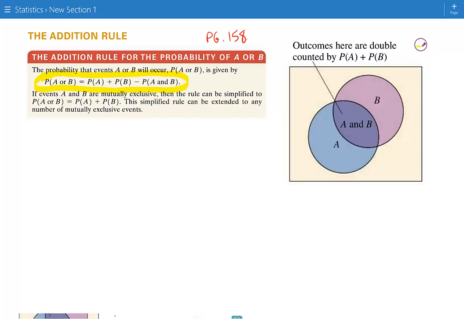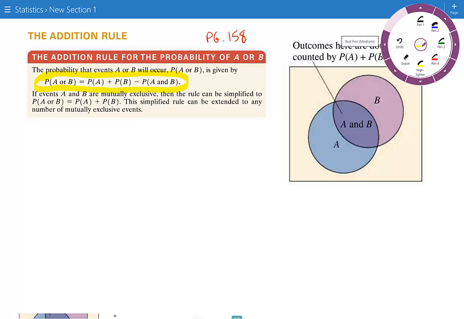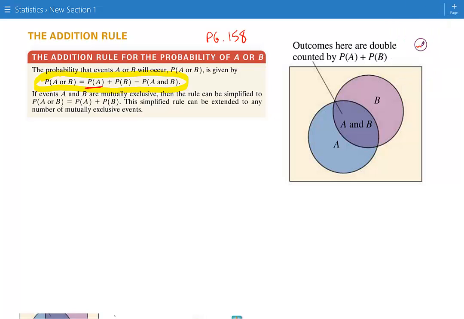Okay. So the trick here is, what if A and B have an intersection? And so I think it's at least partially straightforward that the probability of this or that, we mean take the probability of one thing and the probability of the other thing, one or the other, and sum it up. Okay.